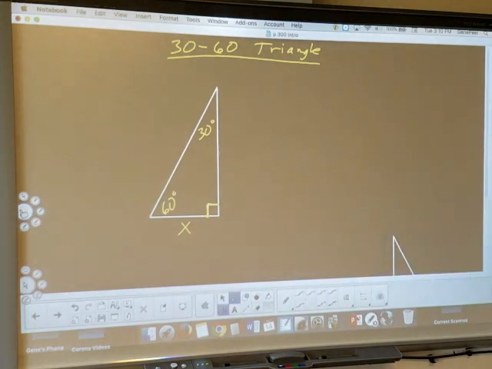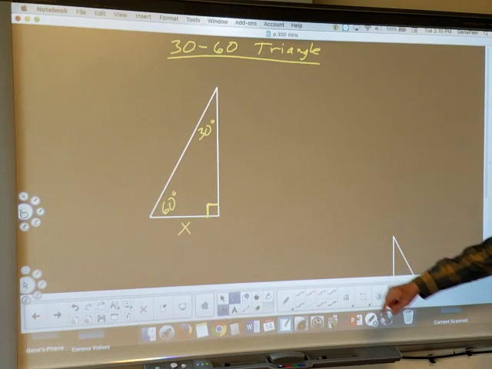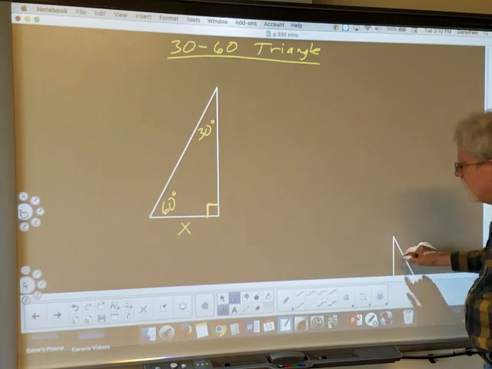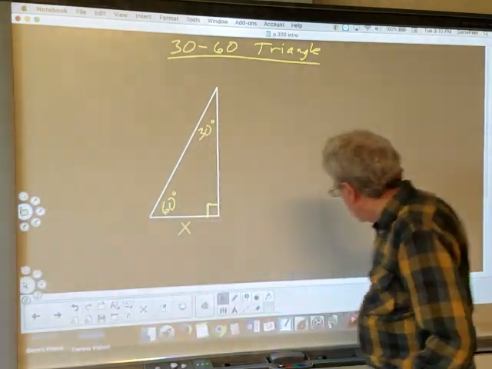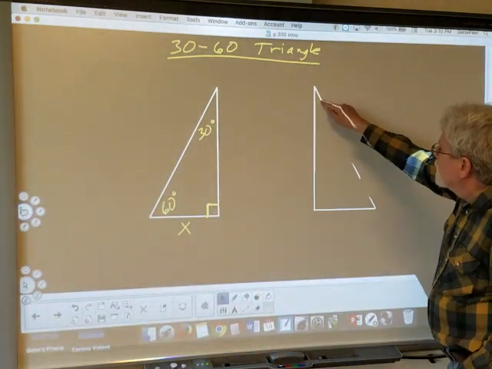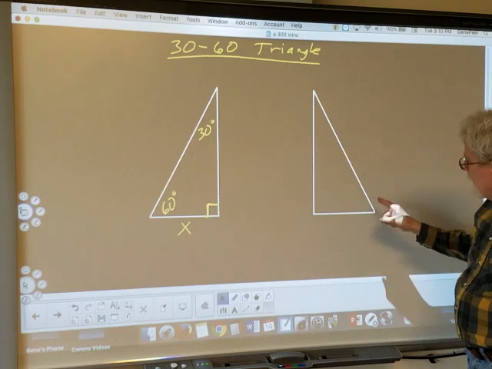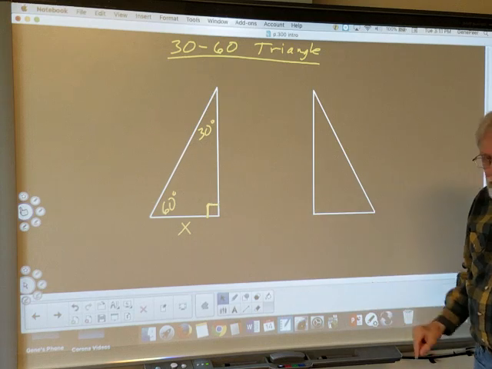Alright, now, 30-60 triangle, very interesting. What happens if I take a copy of this triangle, but flipped around the other way, which I happen to have right here? Same triangle, just flipped around. In other words, that's 30 degrees, and that's 60, and that's 90.